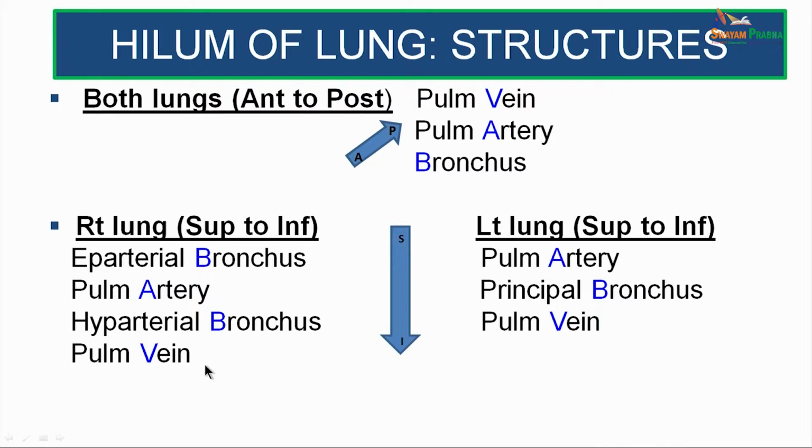This is because the principal bronchus divides much earlier than entering the lung, and thereby we have the two bronchi with the pulmonary artery in between. Whereas, on the left lung, we have the pulmonary artery, principal bronchus and the pulmonary vein.